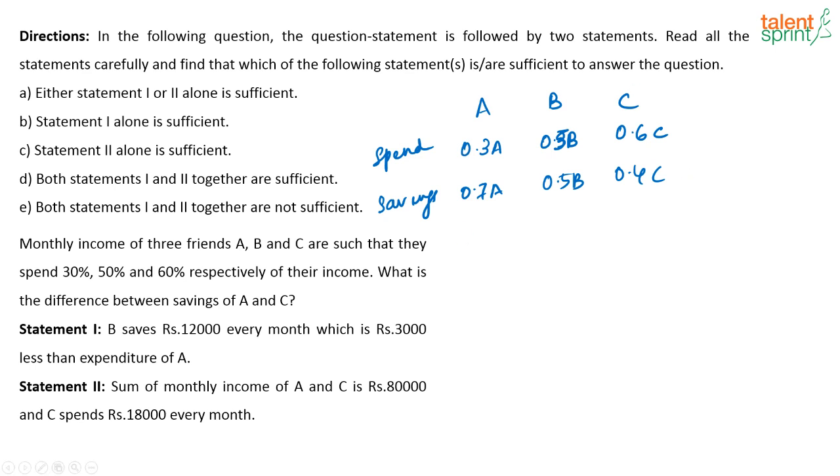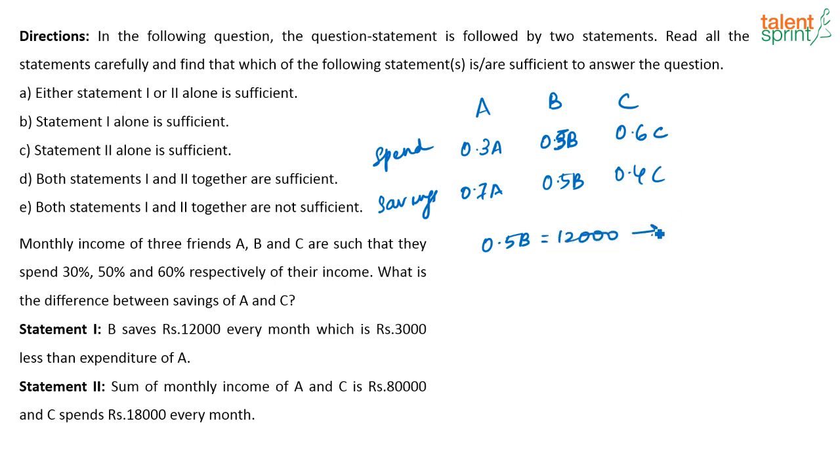Now, statement 1 says B saves 12,000 rupees every month, which is 3,000 rupees less than the expenditure of A. What does that mean? The savings of B, that is 0.5 times B, is given as 12,000.